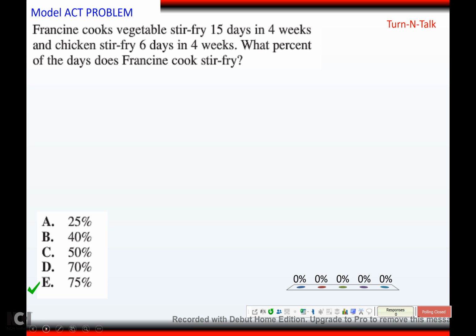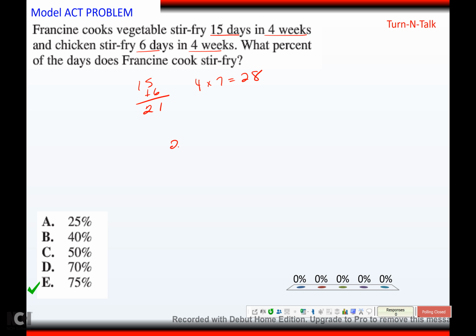It says Francine cooks vegetable stir fry 15 days in 4 weeks, and chicken stir fry 6 days in 4 weeks. What percent of the days does Francine cook stir fry? Well, 15 plus 6 is 21, and 4 weeks times 7 is 28.